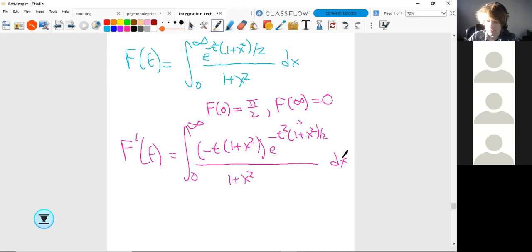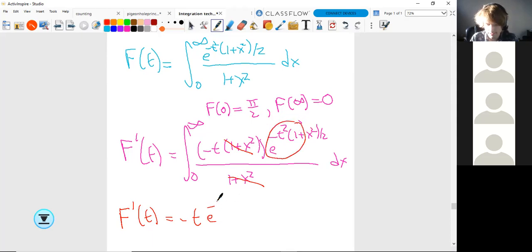And so if we simplify this, then this cancels with this. And we can pull a minus t out, as well as we can pull this part out.